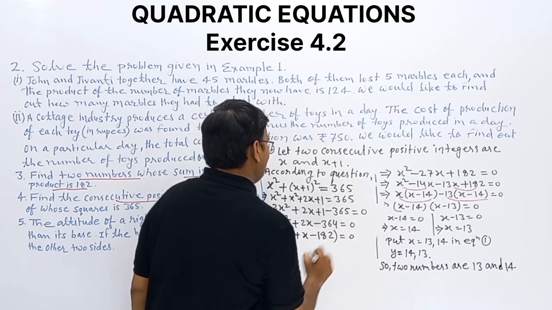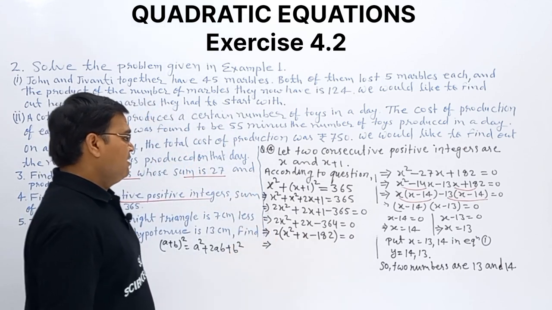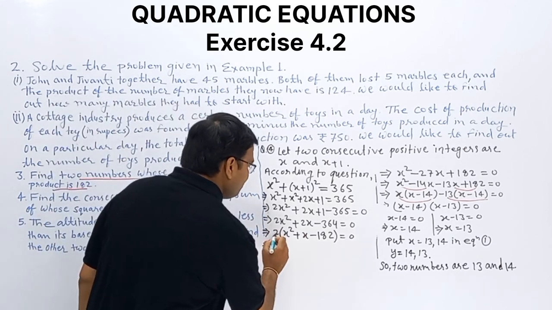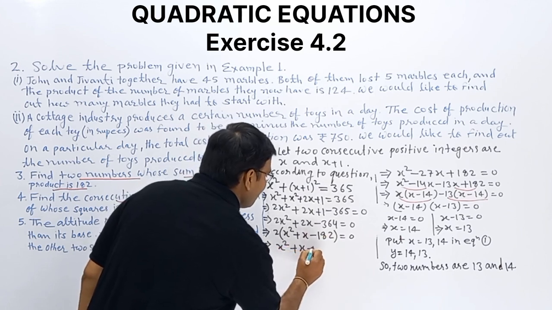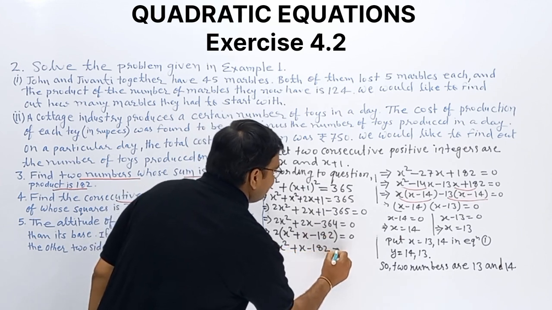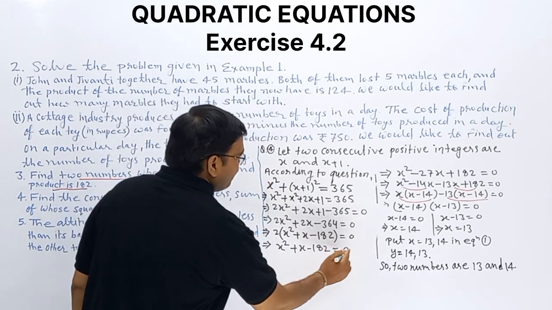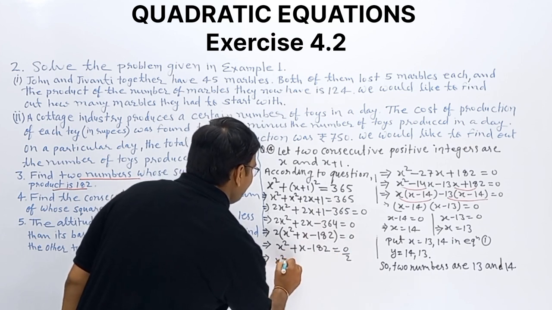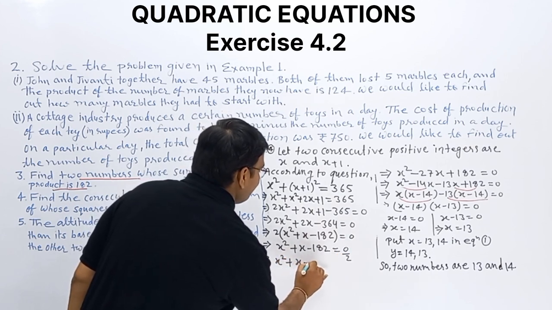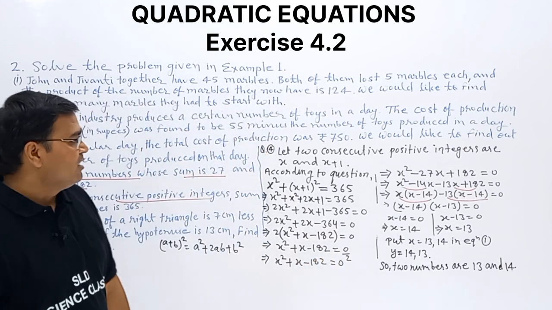Equal to 0. Now solve this one. 2 will be going downward. x square plus x minus 182 equal to 0. Clear? Once we put 2 there, this will be 0. x square plus x minus 182 equal to 0.